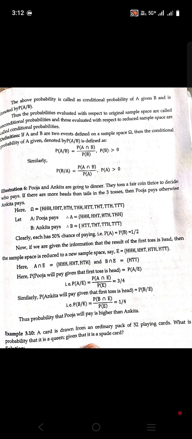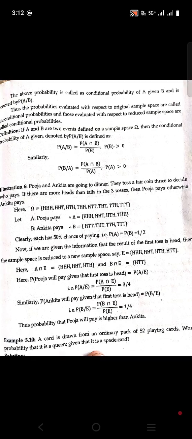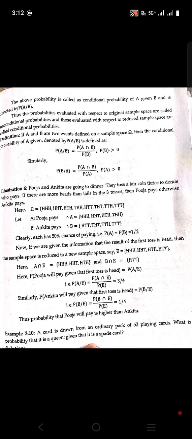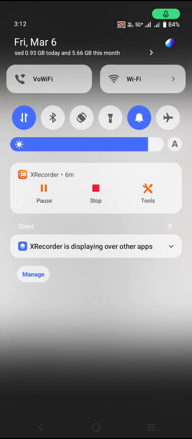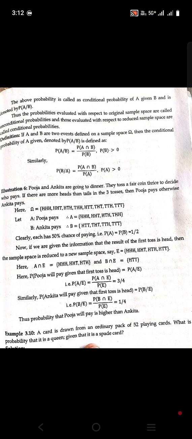There are only 3 elements in the reduced sample space, and the probability is 1 by 3. The above probability is called the conditional probability of A given B, and is denoted by probability of A by B, A upon B.